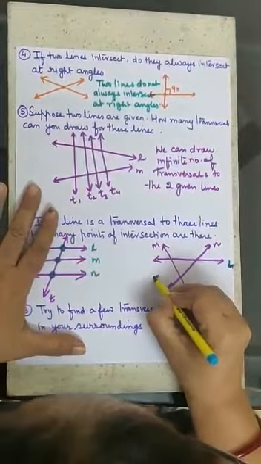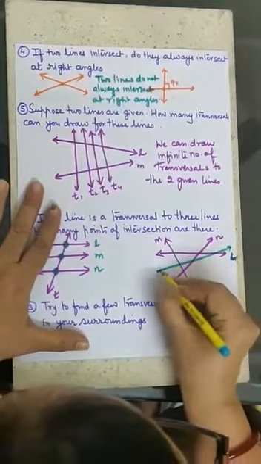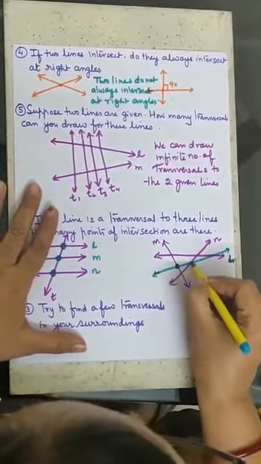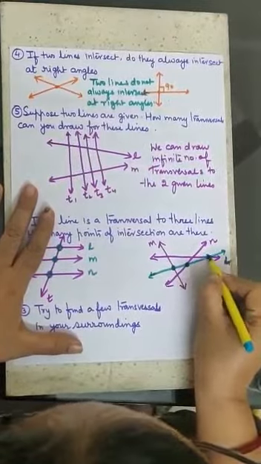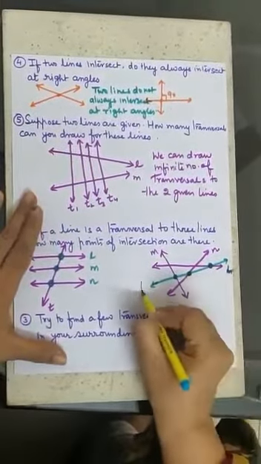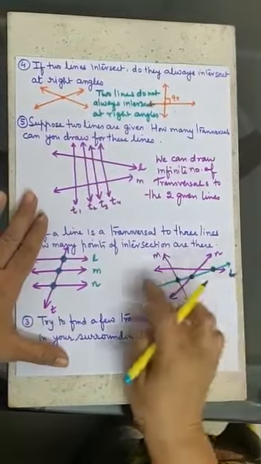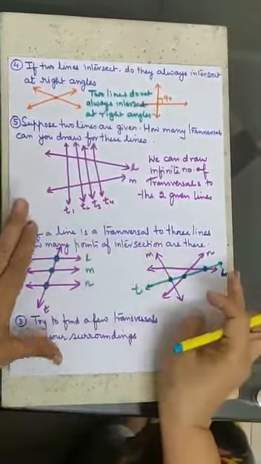It should have 3 points of intersection, so we will draw the transversal like this. See here, this transversal is cutting line M at this point, line N at this point and line L at this point. So we say that T is the transversal to lines L, M and N, and 3 lines and 3 points of intersection. Here 3 lines, 3 points of intersection.